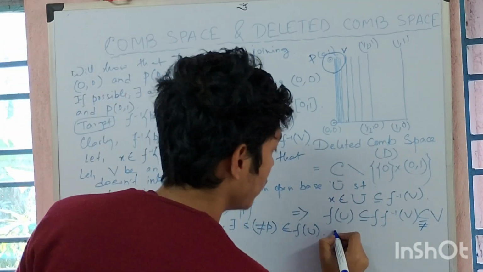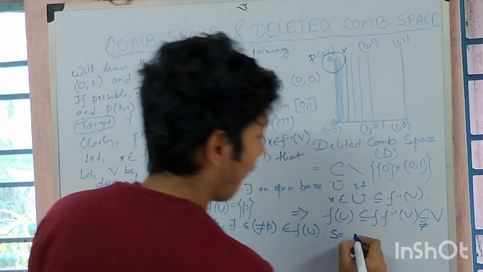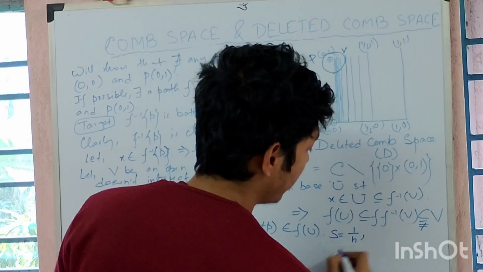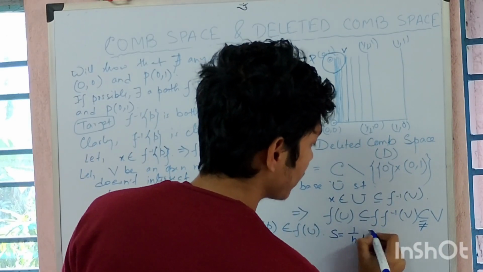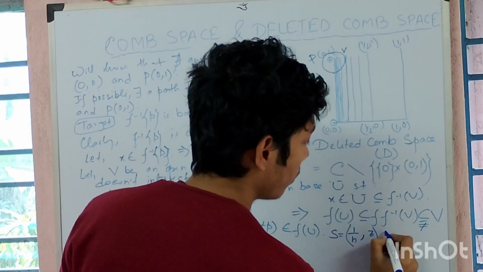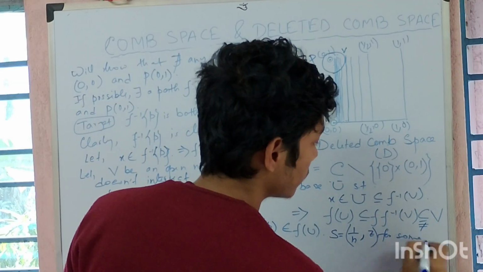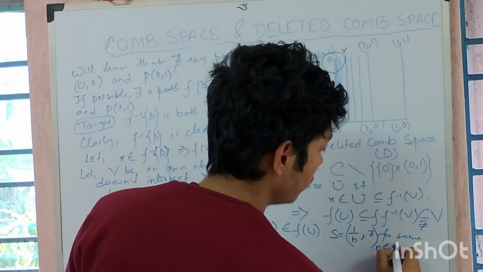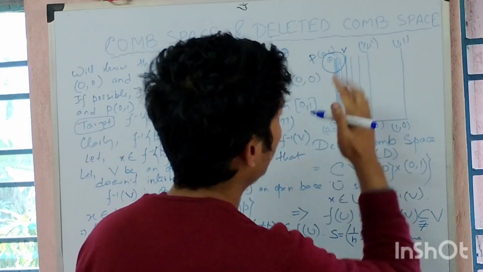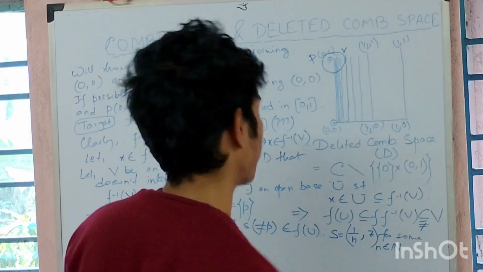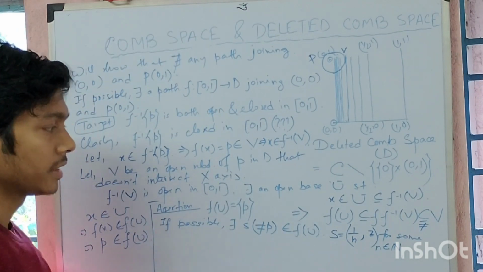So this S will always look like (1/n, z) for some n belonging to the natural numbers, and z is basically from this to this. So it looks like this.